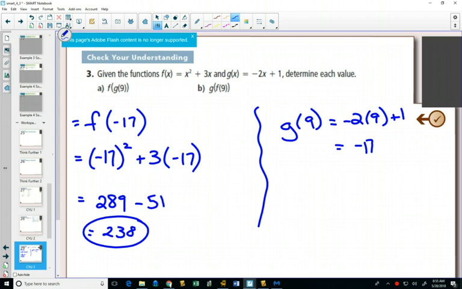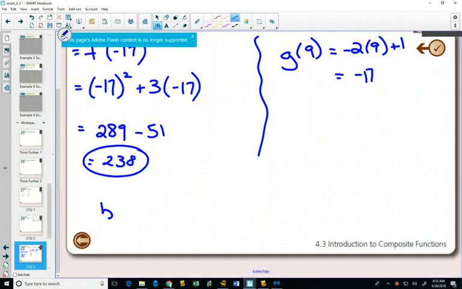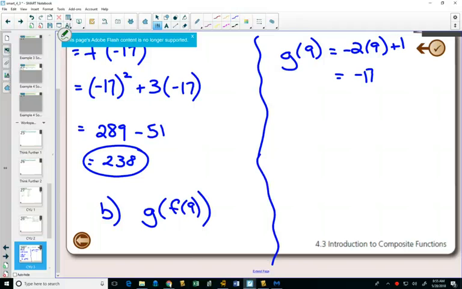In part B, we have g of f of 9. Again, off to the side, I would figure out f of 9 first, which is 9 squared minus 3 times 9.